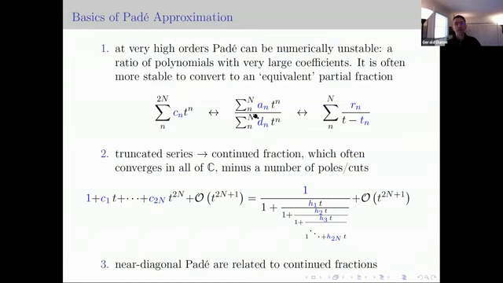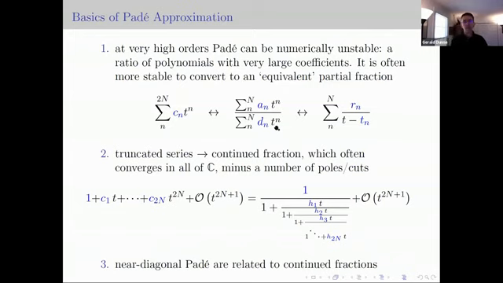And there's a simple resolution to this, which is just to convert to a partial fraction expansion, just by finding the zeros of this polynomial and then evaluating some residues. And so you see, you started off with 2n coefficients here. Here's the diagonal Padé, so you have capital N here and capital N here, or the same data is encoded in these N residues and the N singularities, zeros of this polynomial here.